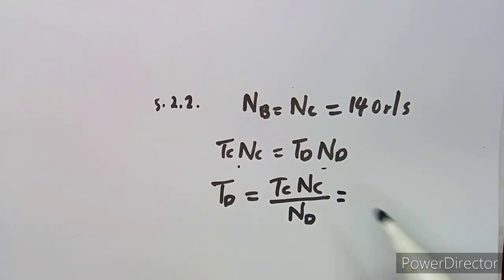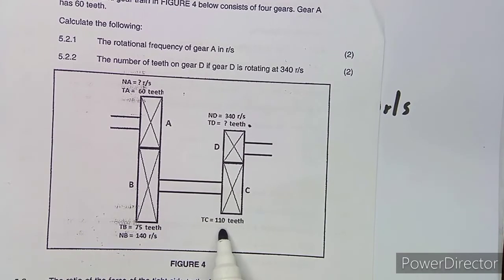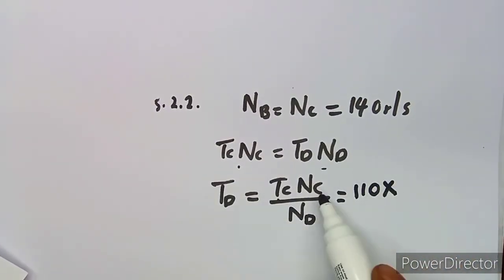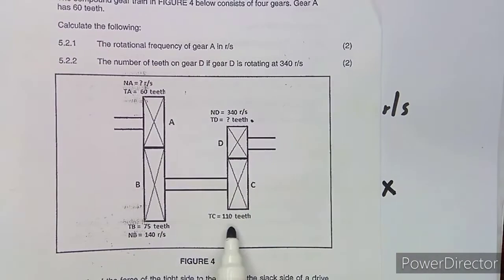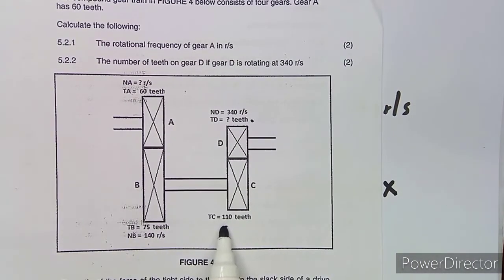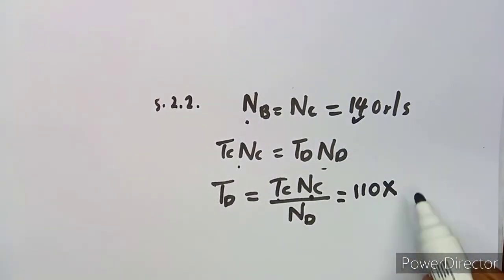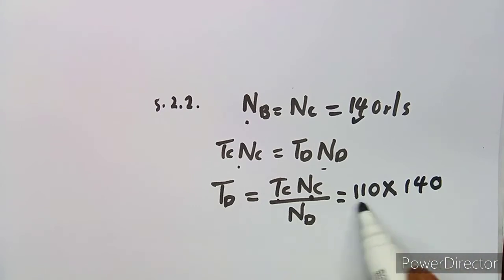Okay, so you just substitute here. TC you are given is 110. So this is going to be 110 times NC. The one that you were not given, but we know that it's equal to NB, so you're going to take 140. That's just like that, guys. Over ND.